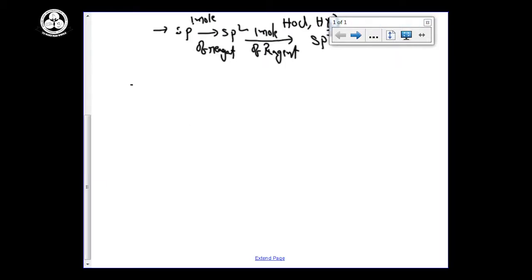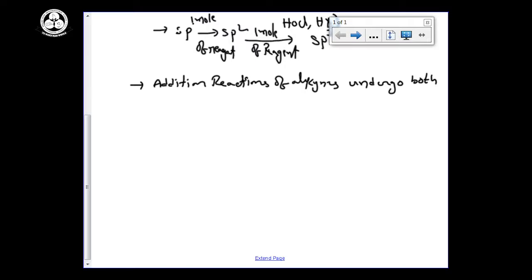Addition reactions of alkynes can undergo both electrophilic addition and nucleophilic addition reactions.